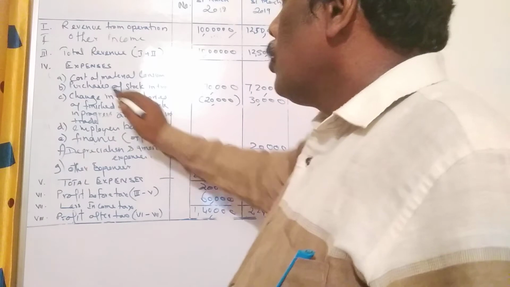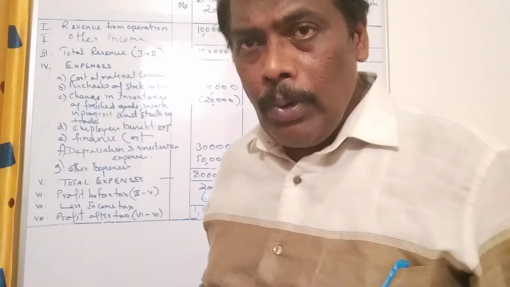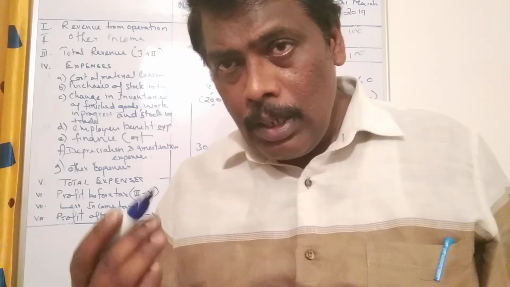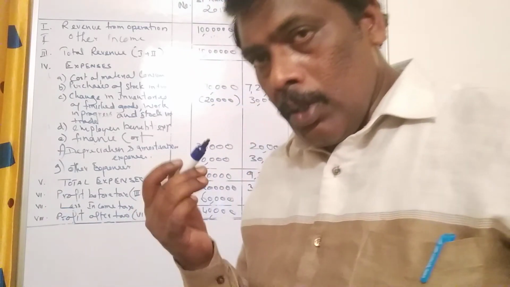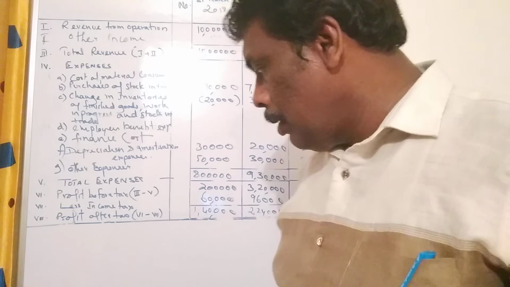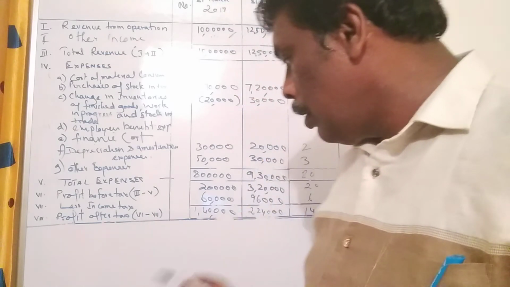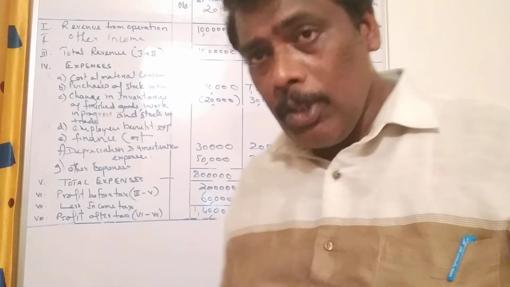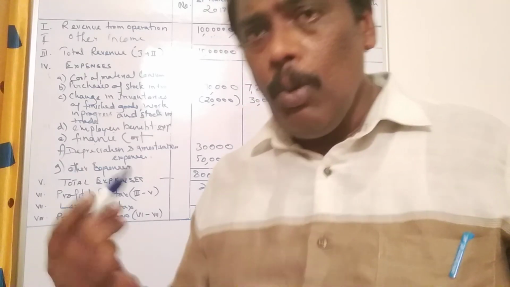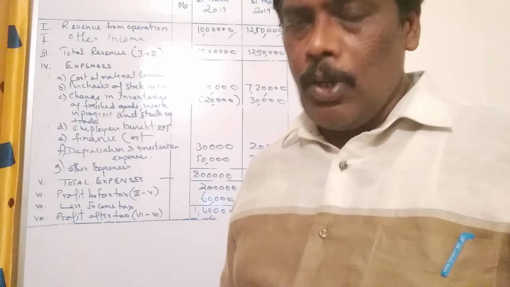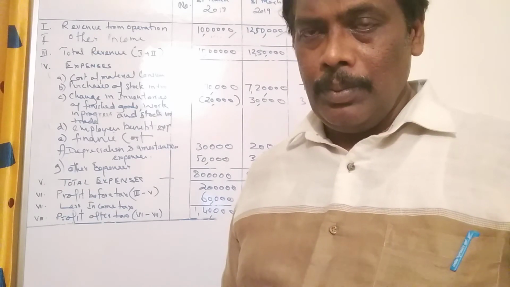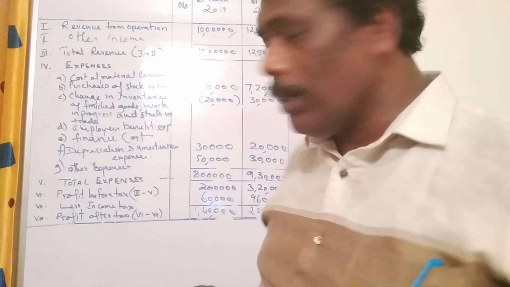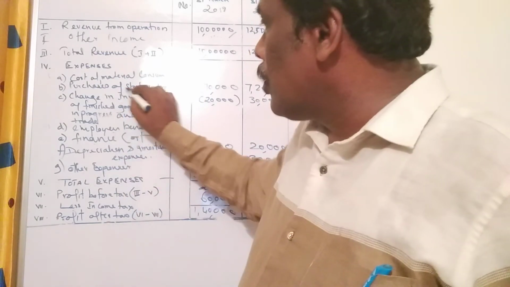First of all, we have to record cost of material consumed. Cost of material consumed means opening stock plus purchase of material minus closing stock of material. Whatever the amount you get, that has to be recorded here. Next, purchase of stock in trade.